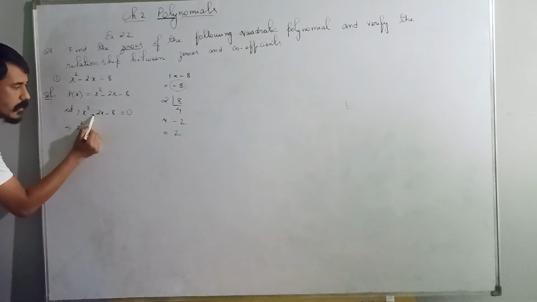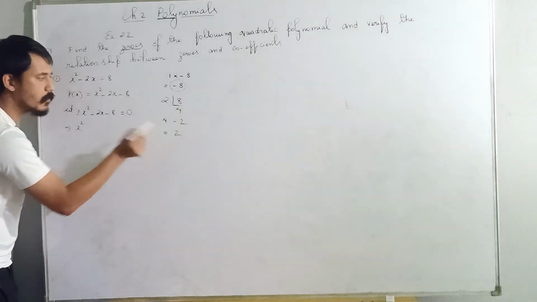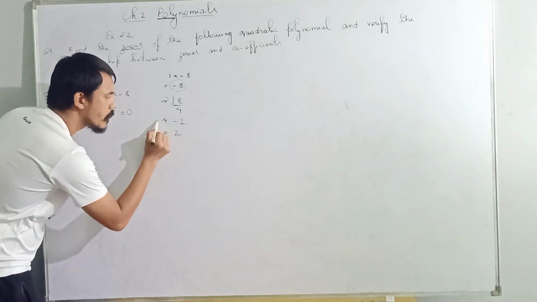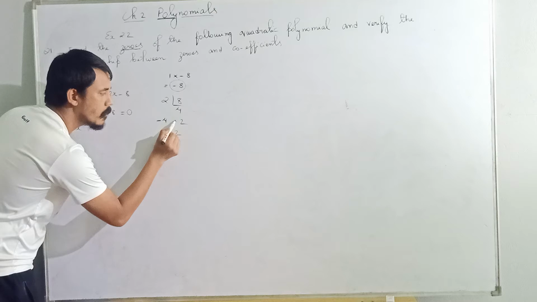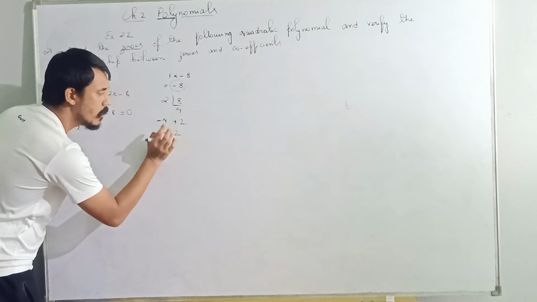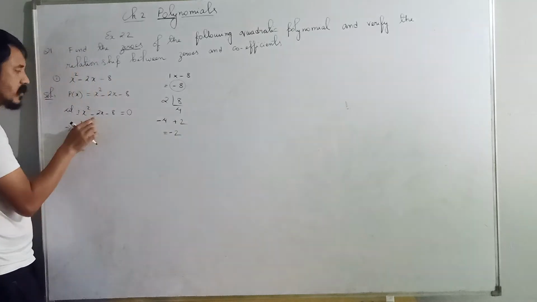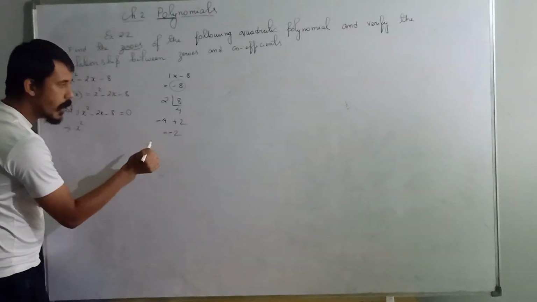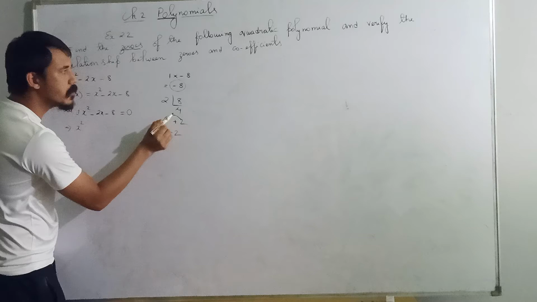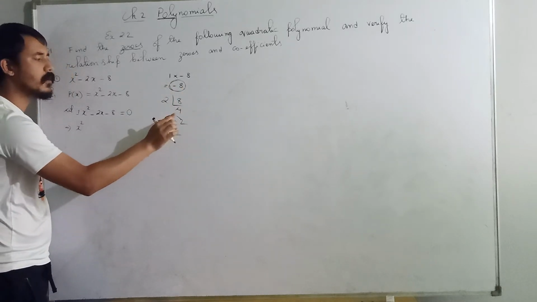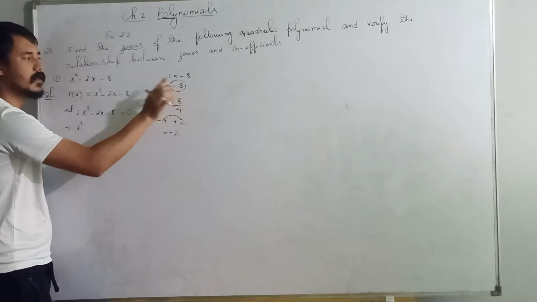The middle term is minus 2, so we need the algebraic sum to be minus 2. So what I'm going to do is, I'm going to write here minus 4, and I'm going to write here plus 2. Minus 4 plus 2 gives you minus 2, which gives you the middle term. And also, their product should give you this particular term. Minus 4 times 2 is minus 8.